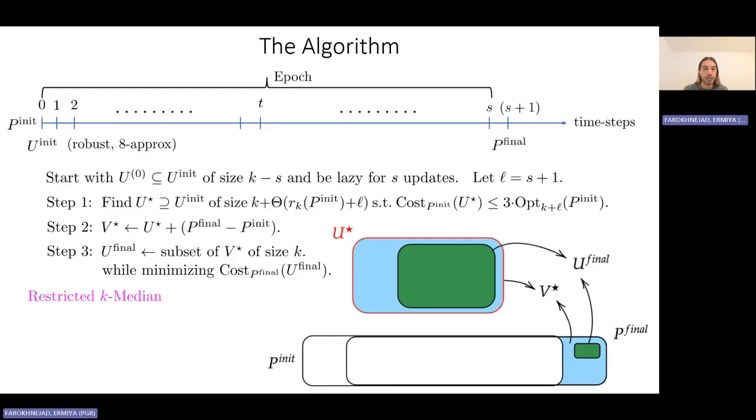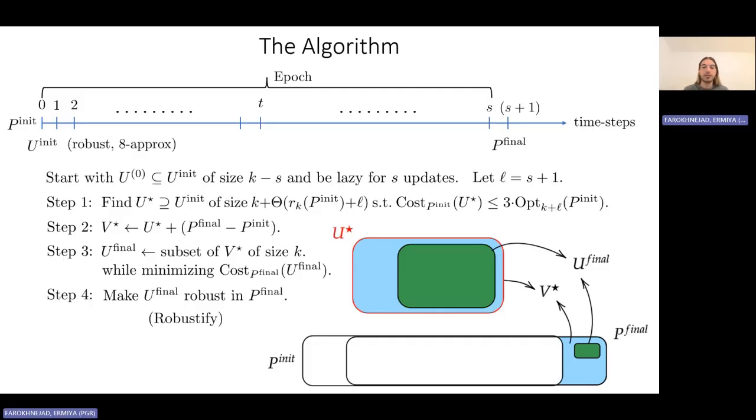How to do this? Again, we use restricted k-median. The running time is going to be n times the number of removed points, which is the size of V star minus k, and you can see that this is tilde of n times s plus 1. Again, since the length of the epoch is s plus 1, this is going to be near linear in amortization.